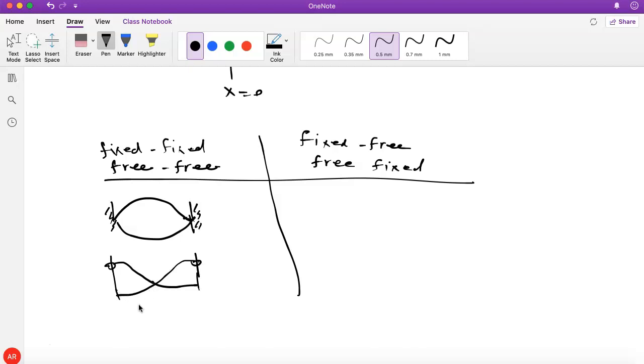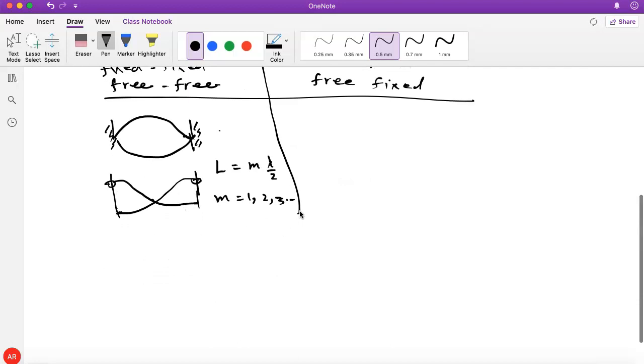Again, that's 1/2 of a wavelength, say from a minimum to a maximum. So in both these cases, L becomes m times lambda over 2, where m is 1, 2, 3, etc.